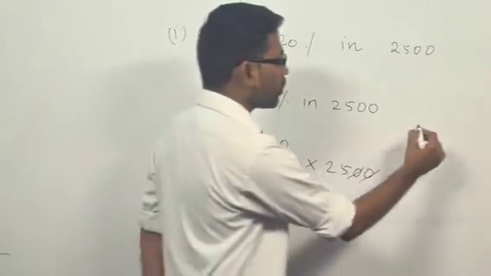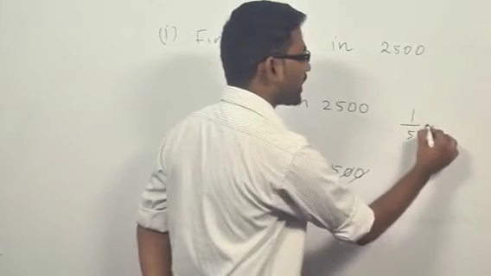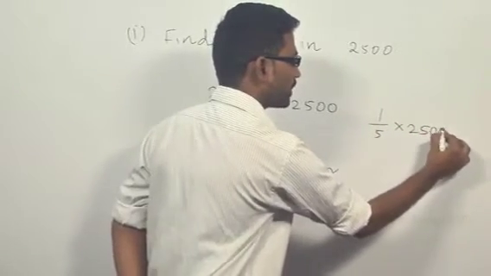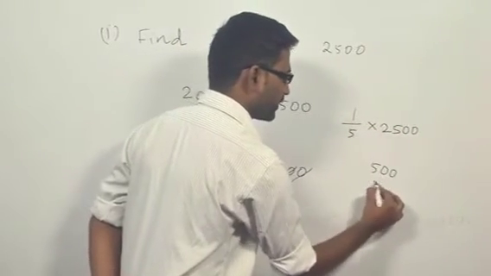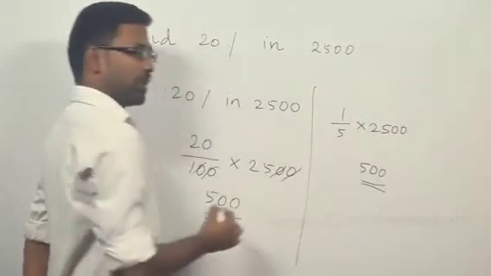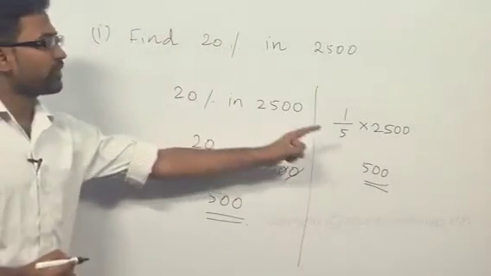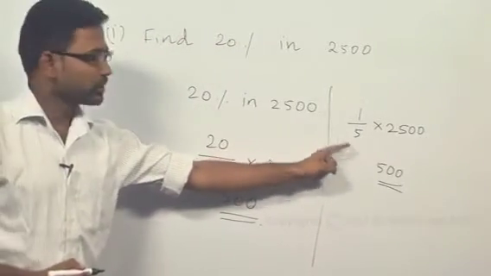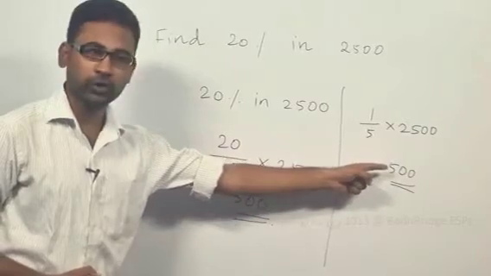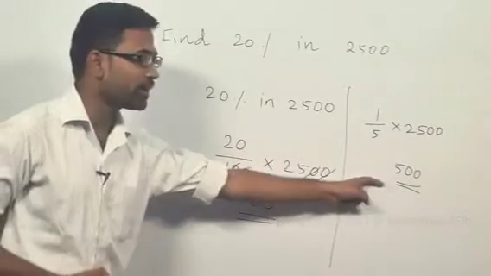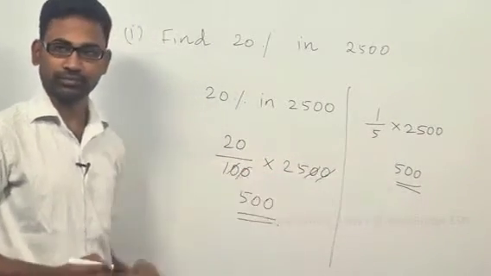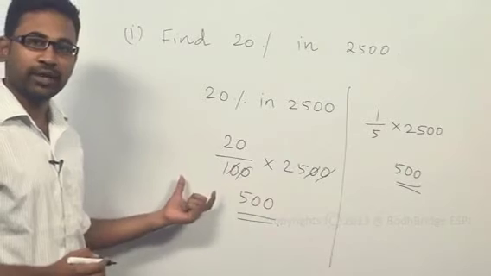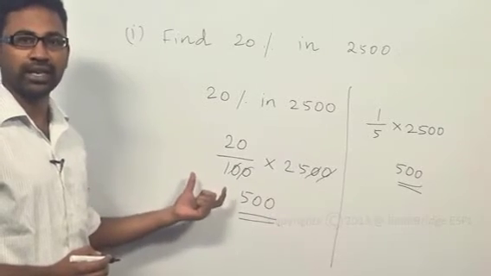So if I take 1 by 5th of 2500, that is again 500. So 20% is equal to 1 by 5th of the value. This is the first example. Then we'll move to the second one.